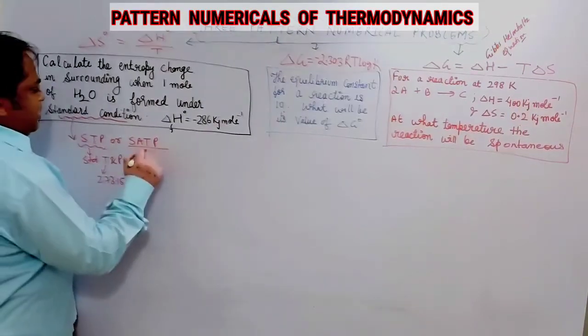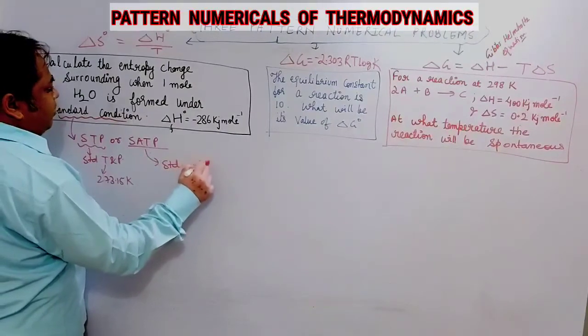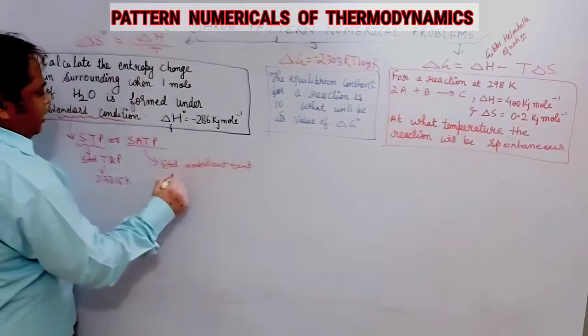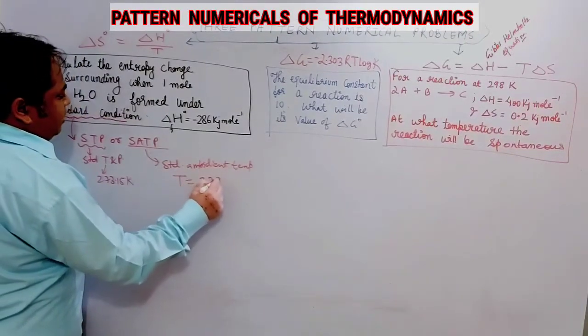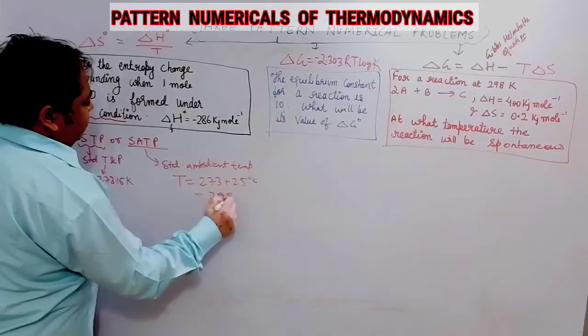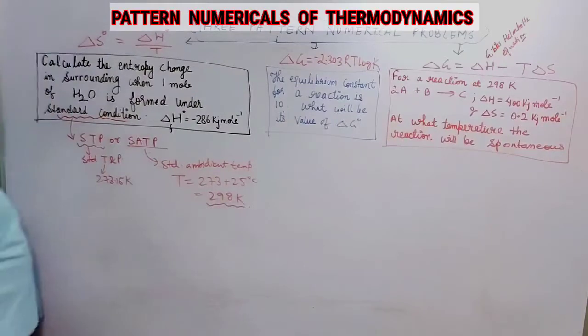But here it means standard ambient temperature and pressure. Here T value is 273 plus room temperature 25 degrees C, which is equal to 298 Kelvin. So this we have to keep in mind.